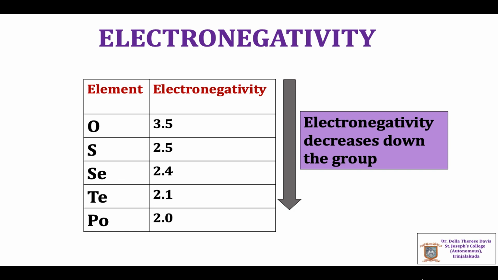The decrease from oxygen to sulfur is more pronounced, and thereafter the electronegativity does not vary very much. This can also be explained on the basis of the poor shielding effect of n-1 d electrons and n-2 f electrons in the case of higher elements.